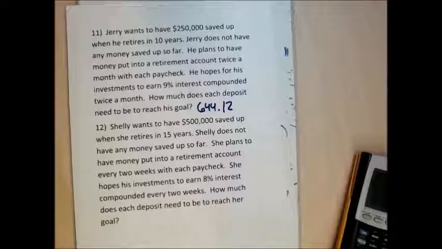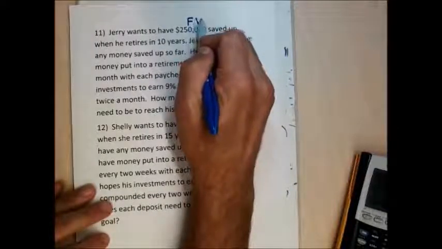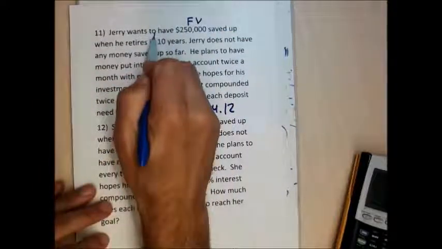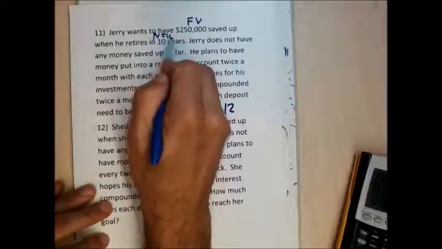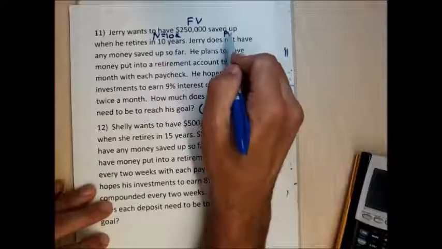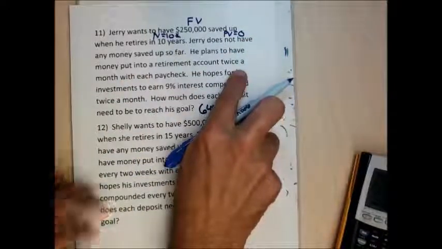And is there a hard part? The $250,000 that Jerry wants to have saved up is going to be a future value. The 10 is part of the N. The N is going to be 10 times some number. Jerry doesn't have any money saved up, so the PV is 0. He plans to put money into a retirement account twice a month.